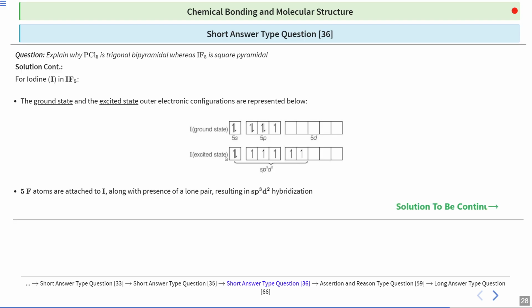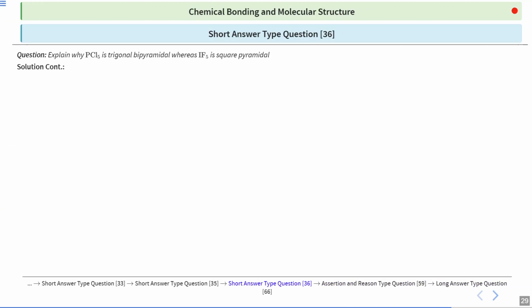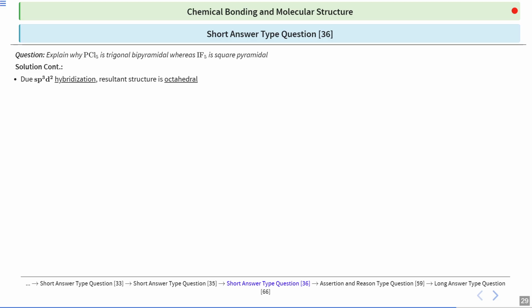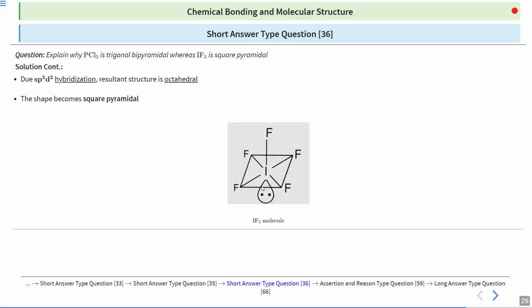Due to the sp3d2 hybridization, the resultant structure is octahedral and the shape becomes square pyramidal. Similar to BrF5, which we have seen, there also we have the same kind of shape, only the I is replaced with Br, bromine. So I hope you got the answer.